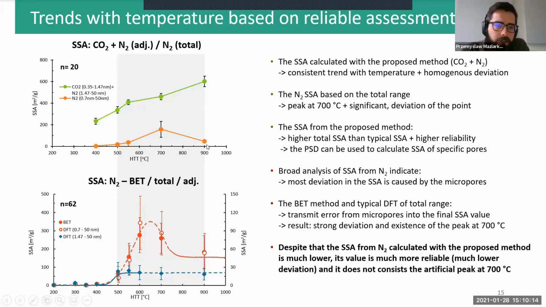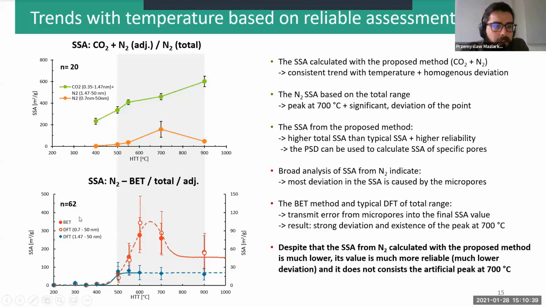Other points do not really show that much deviation. In general, due to the larger specific surface area assessed by the carbon dioxide, from merged data sets we can observe a higher specific surface area, but on the other hand it seems to be more reliable in here.